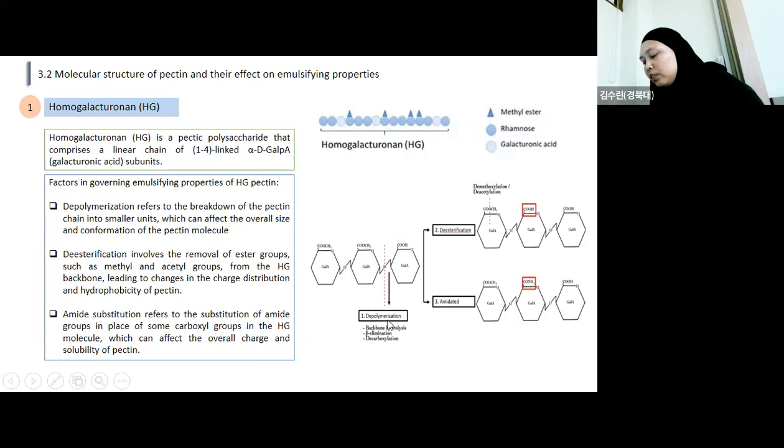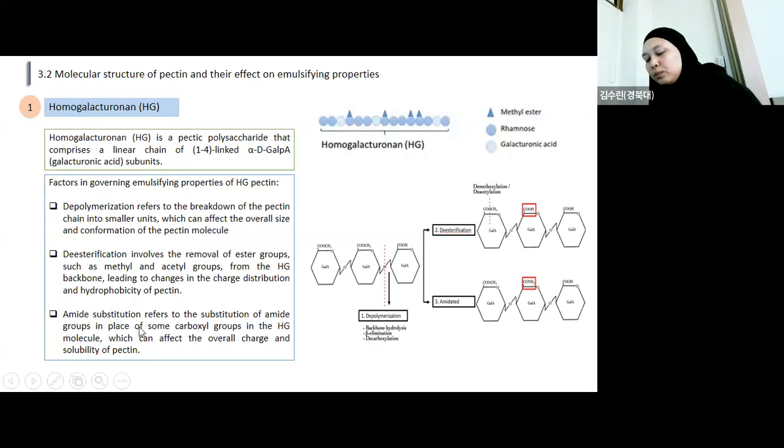We can use three types of depolymerization process: backbone hydrolysis, beta elimination, or decarboxylation. And deesterification is removal of ester groups. We have two ester groups here, either methyl or acetyl. In deesterification, they remove the methyl and acetyl groups.